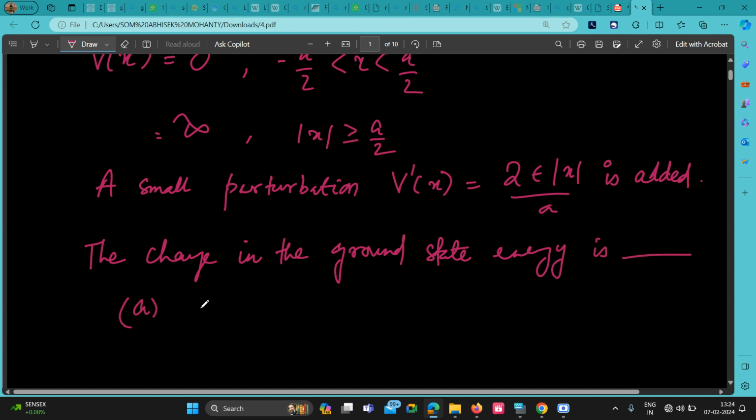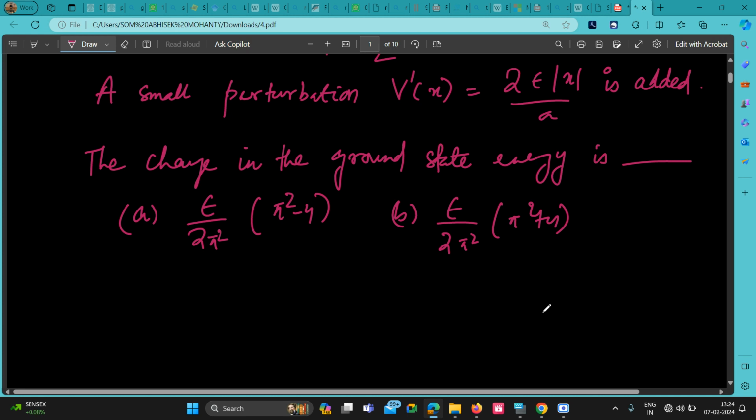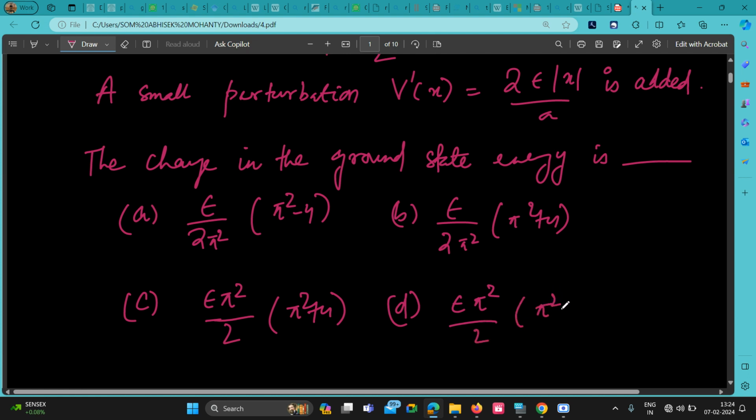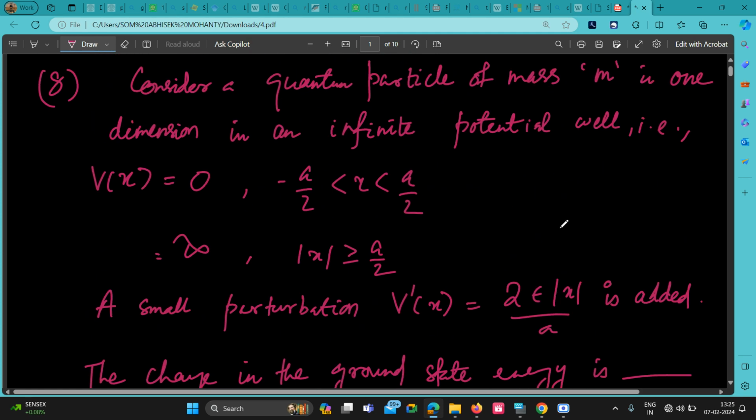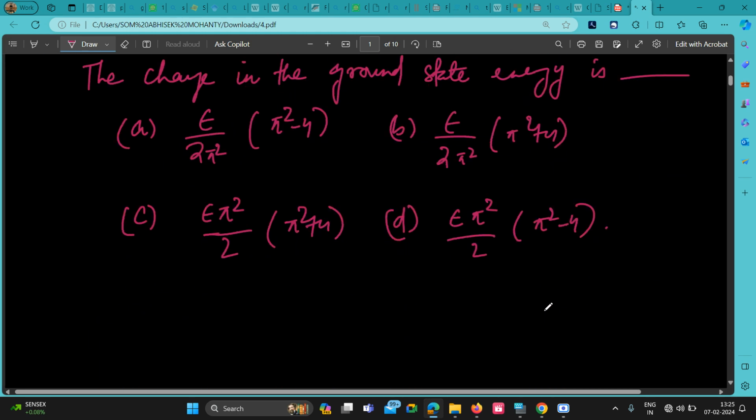Option A: epsilon by 2 (pi square minus 4). Option B: epsilon by 2 (pi square plus 4). Option C: epsilon pi square by 2 (pi square plus 4). Option D: epsilon pi square by 2 (pi square minus 4). Okay, so these are the question options. Potential is given, perturbation is given, we added it, change in the ground state energy.